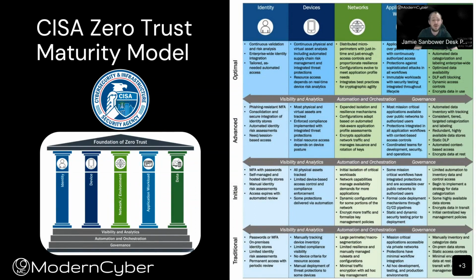The CISA maturity model does come with a more formal and more detailed list of how an organization might meet those requirements. You'll also see in that box, configurations evolve to meet application profile needs and integrates best practices for cryptographic agility.